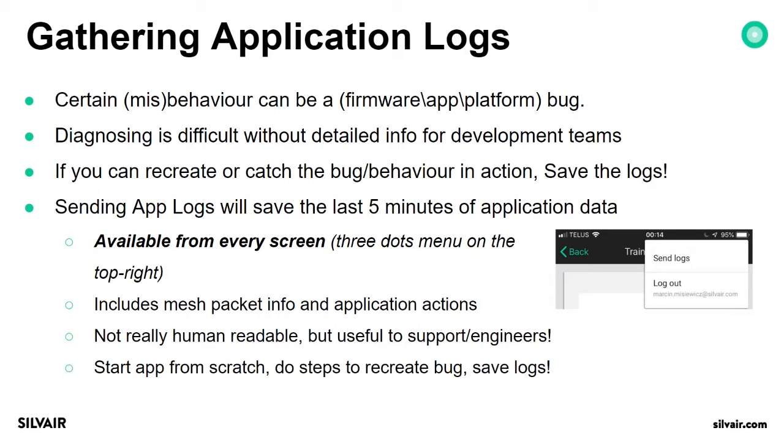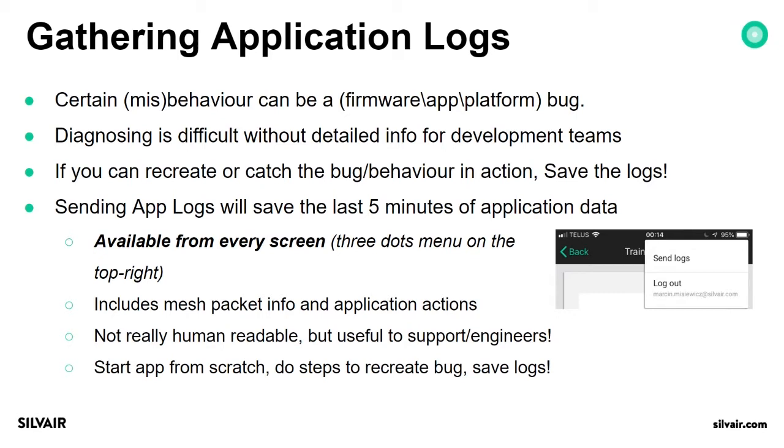Such logs can be sent from different parts of the app, either from the daylight harvesting screen for calibration when you see some errors, or maybe some errors with the UI or testing screen. Every screen that you see, you can send logs from. This information in logs includes mesh packet info and application actions.